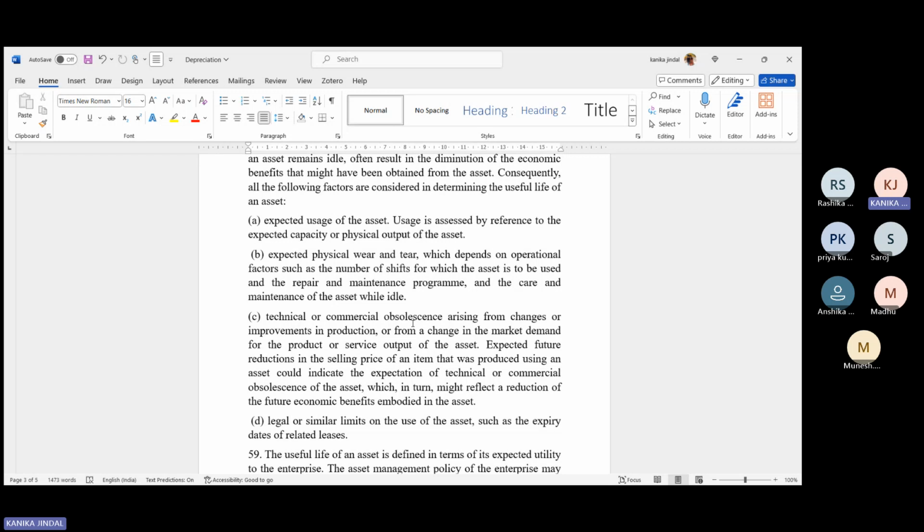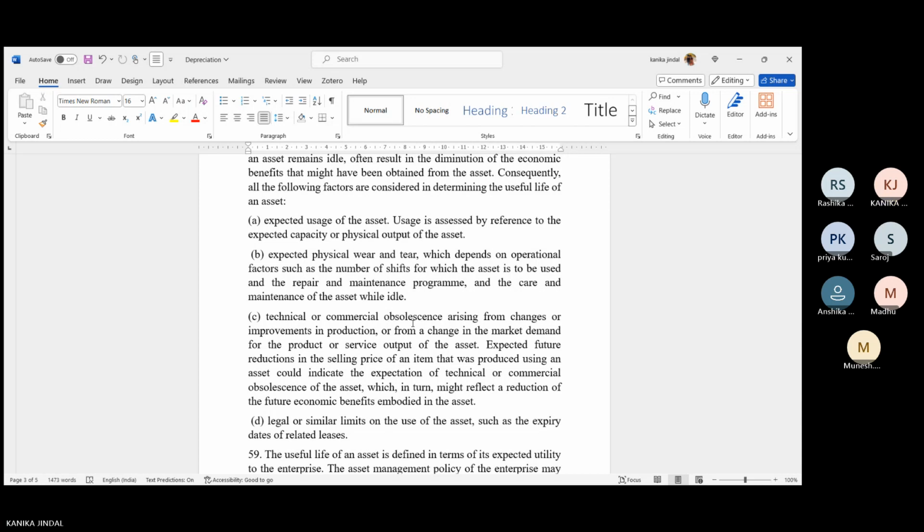So it depends on this technical and commercial obsolescence arising from changes or improvement in production, or from changes in the market demand for the product or service output of the asset. So expected future reductions in the selling price of an item that was produced using an asset would indicate the expectation of technical or commercial obsolescence of the asset.